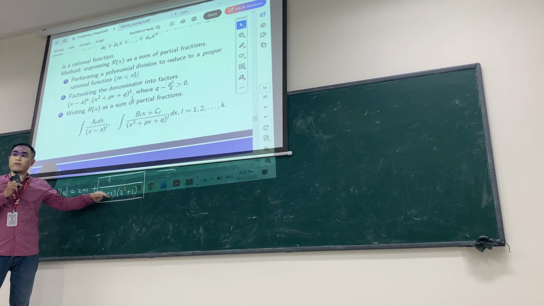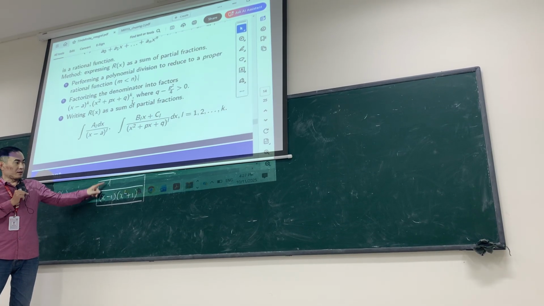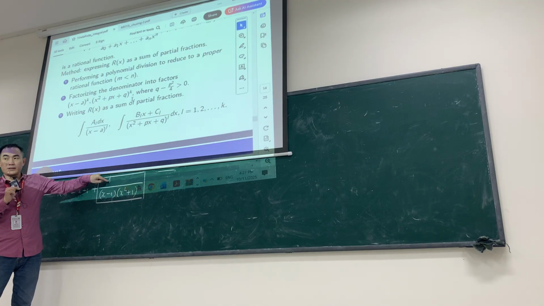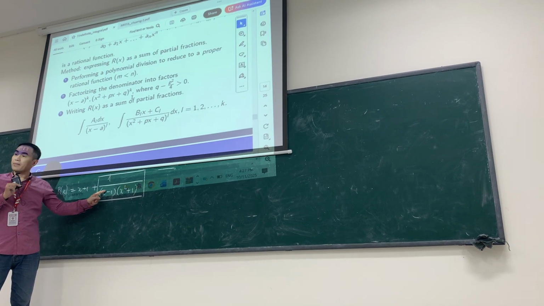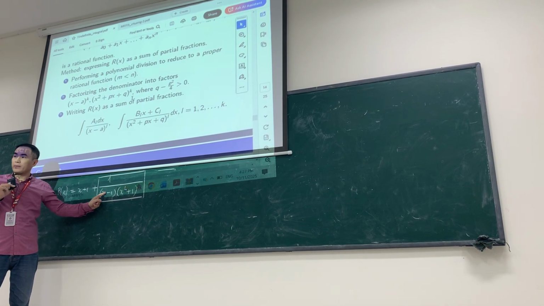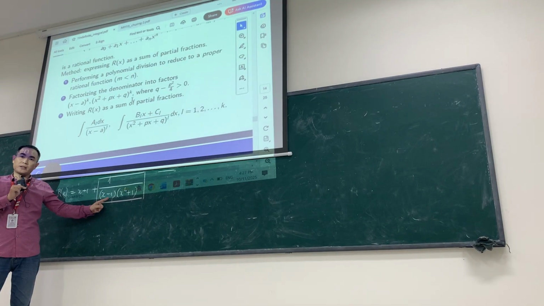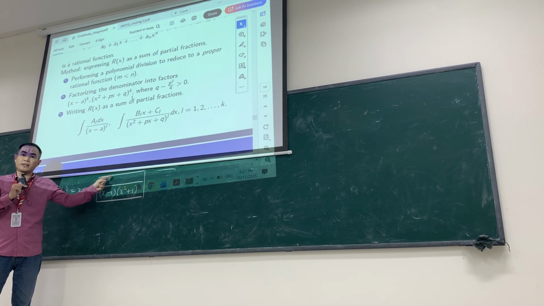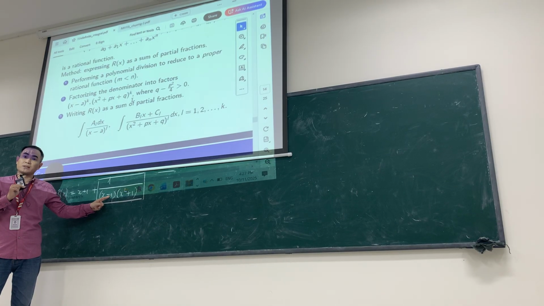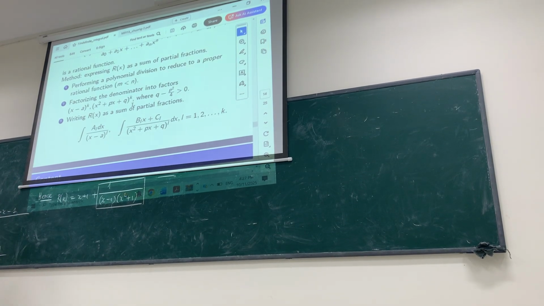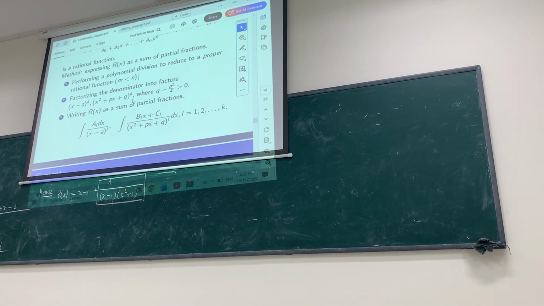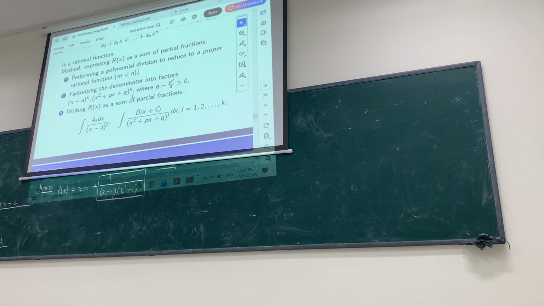Yes, because the polynomial in the numerator has degree 0 and the polynomial in the denominator has degree 3. So the rational function here is a proper rational function. After the first step, we reduced the rational function to a proper rational function.